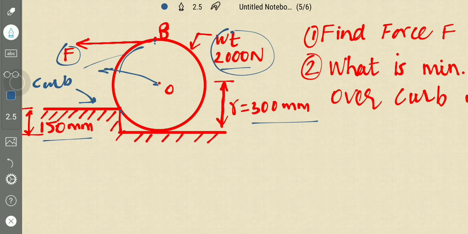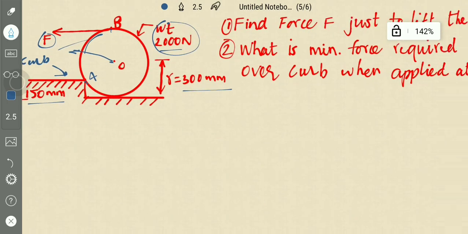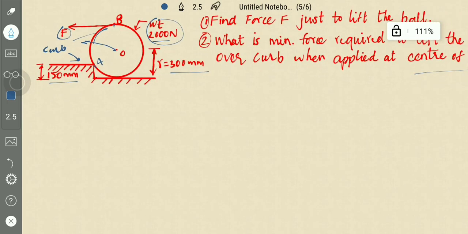Let us find out. Let us say this is A. First we need to draw a free body diagram, whatever the question may be.